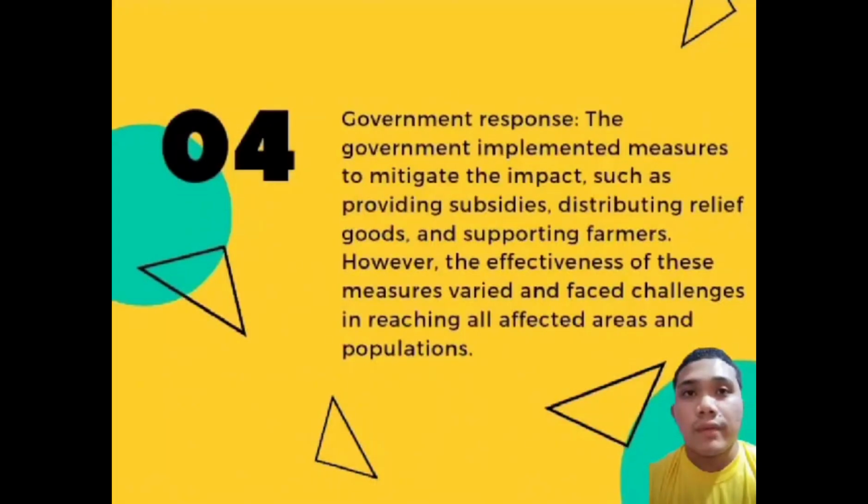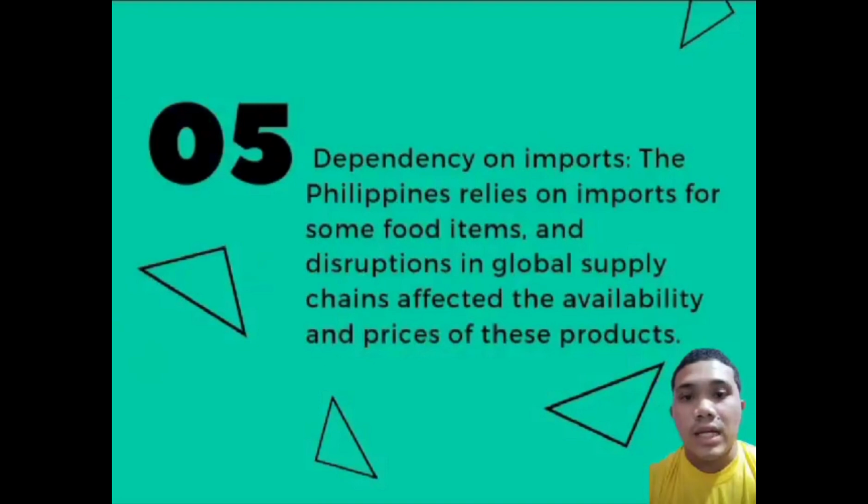Fourth, government response. The government implemented measures to mitigate the impacts, such as providing subsidies, distributing relief goods, and supporting farmers. However, the effectiveness of these measures varied, with challenges in reaching all affected areas and populations. Last, dependency on imports.